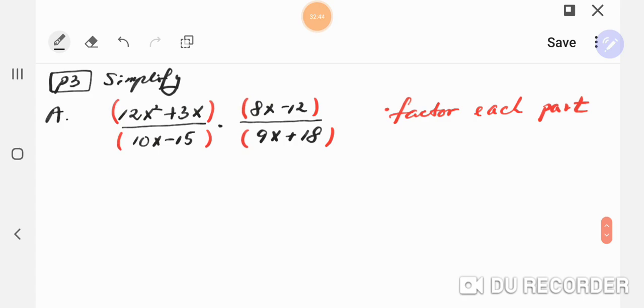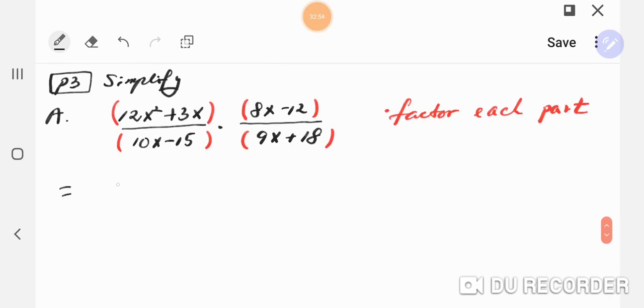So the first part is we can factor out 3x. So this will be equal to 3x. Factor out 3x. Let me write a little bit lower side. Common factor is 3x. Then 4x plus 1. And the bottom is factor out 5.